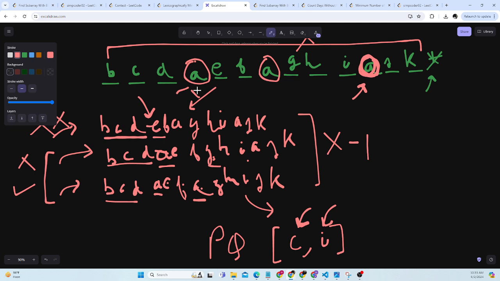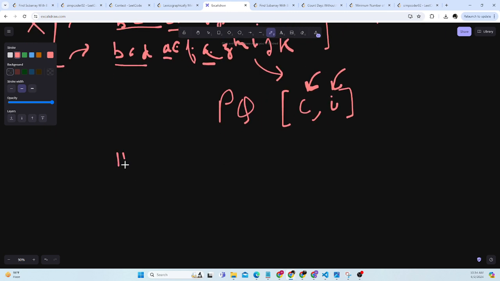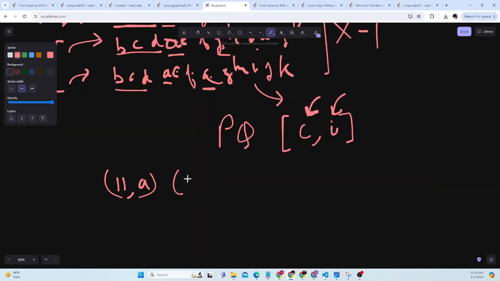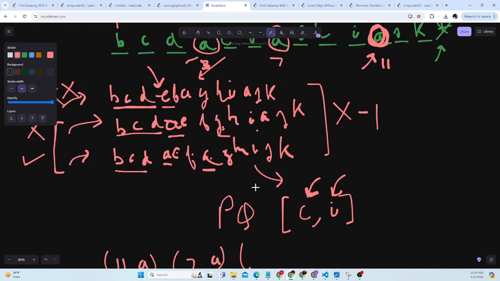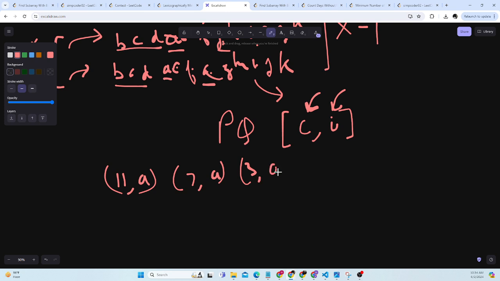Let's say the indexes are 0, 1, 2, 3, 4, 5, 6, 7, 8, 9, 10, 11. So our priority queue will look something like this: 11, comma, a; 7, comma, a; and 3, comma, a, and other elements. So we'll take this particular element.